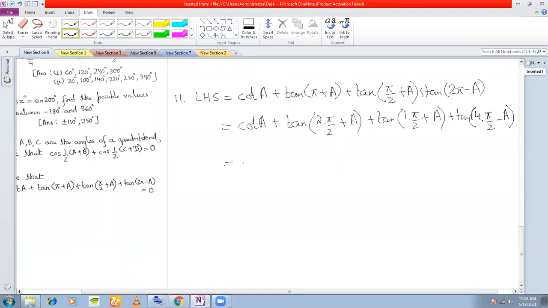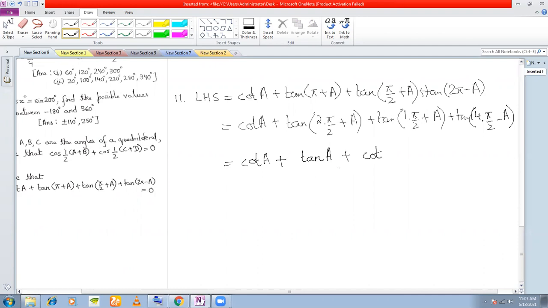Now we see cot A, write as it is, plus tan(2 pi plus A). Even multiple, tan will remain a tan. Which quadrant is this in? This is in the third quadrant, where tan is positive, so no problem. Tan A only. Plus, now what about this one? 1 into pi by 2. This is an odd multiple, so tan will change to cot.